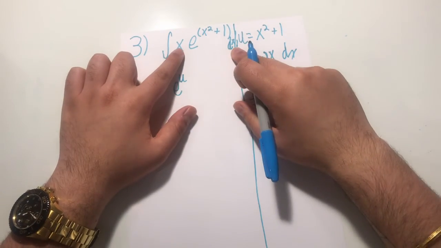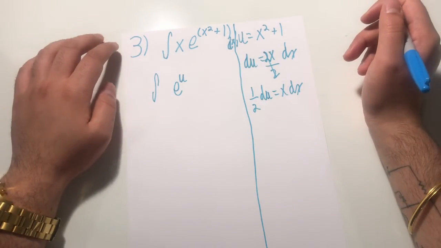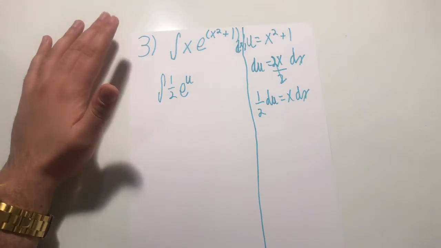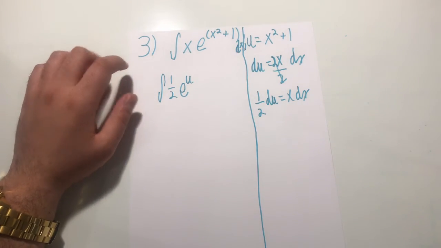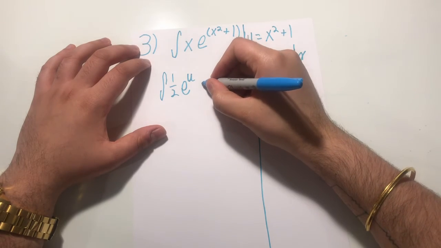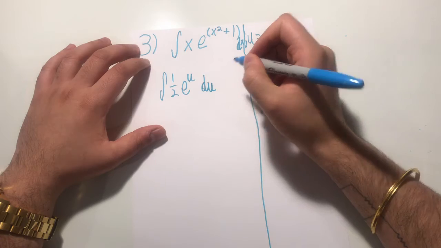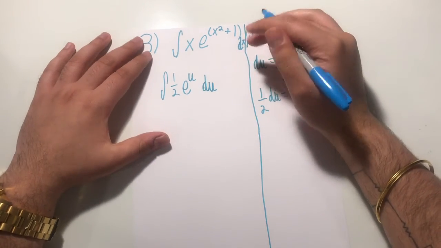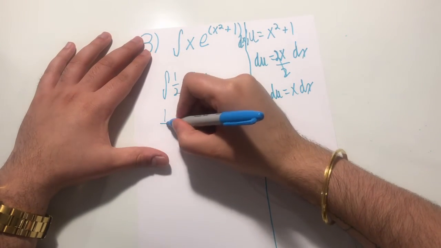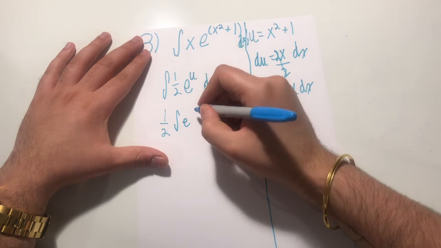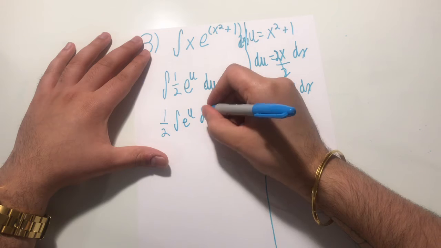So this x dx here can be written out as a 1/2, and I'll always write constants up front, times du. Now, constants can be taken out of the integration and brought to the front. And what we're left with is the integration of e to the u du.